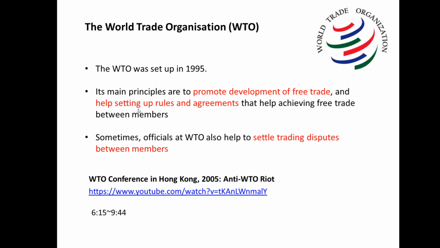Sometimes they set up rules and agreements, and sometimes they settle trade disputes between the members, in order to promote development of free trade. So just 1, 2, 3. Try to make it one sentence, the red highlighted part, and then it will do. So this is what they do.